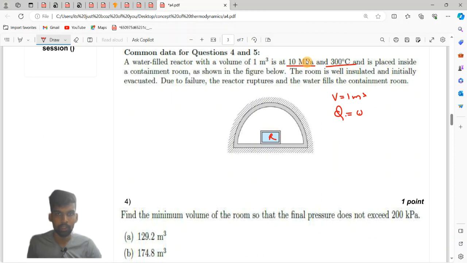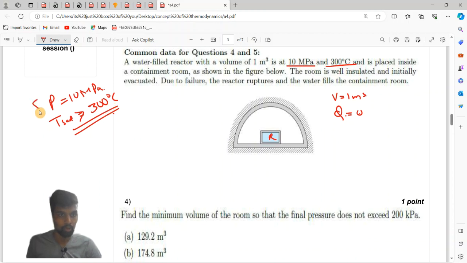When you see the pressure table at 10 megapascal, you will observe that the saturation temperature is more than 300 degrees Celsius. So the temperature of the water that we have is less than the saturation temperature at the given pressure.